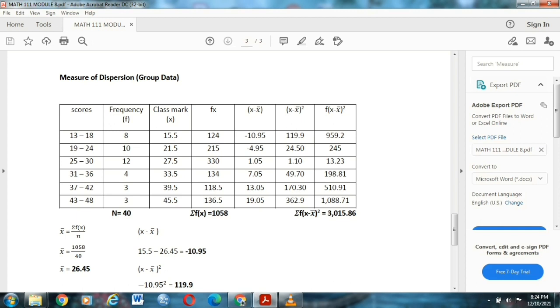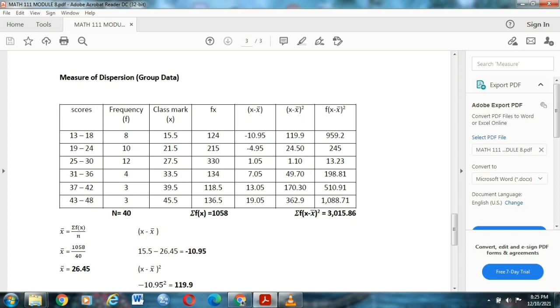So, 8 times 15.5, 124. 10 times 21.5, 215. 12 times 27.5, 330. 4 times 33.5, 134. 3 times 39.5, 118.5. 3 times 45.5, this is 136.5. Okay, nakuha natin yung product ng frequency at class mark.